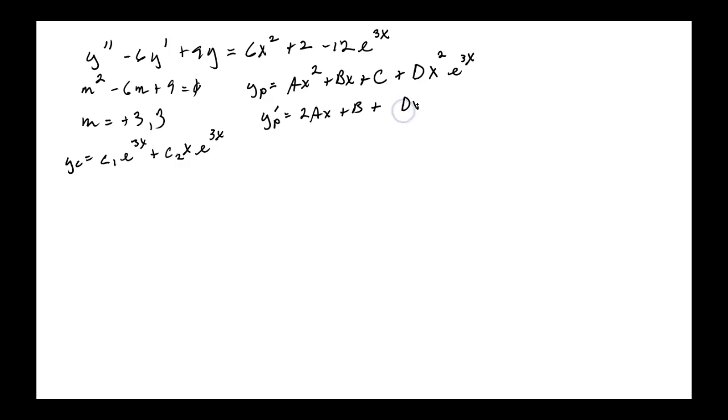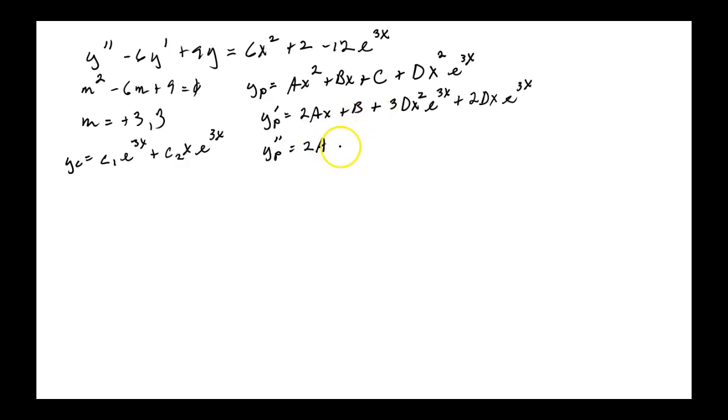Plus dx squared e to the 3x, 3 in front, got it? Next, plus 2dx e to the 3x. Okay. I think that's all we can do on y sub p prime. So now we move to y sub p double prime. What would that be?